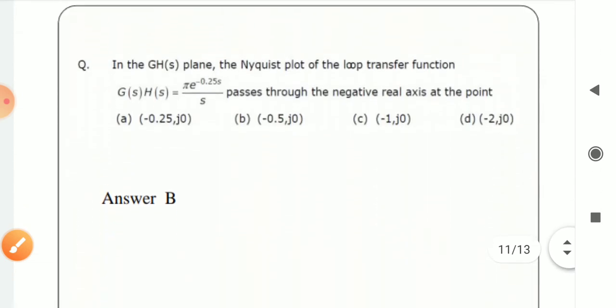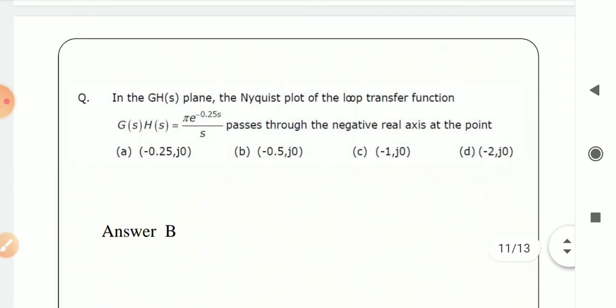Okay, now the next question. In the GH(s) plane, the Nyquist plot of the loop transfer function G(s)H(s) equal to pi into e raised to minus 0.25s divided by s passes through the negative real axis at the point. When the locus passes through the negative real axis, at that time the angle is equal to minus 180 degrees.